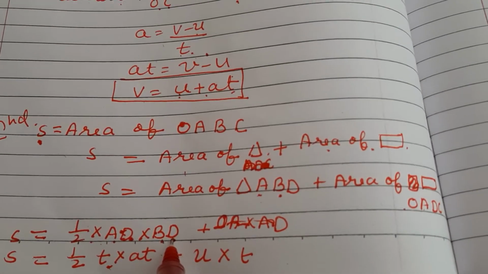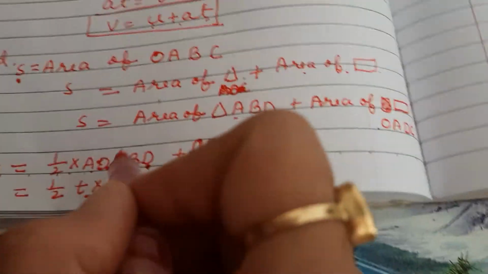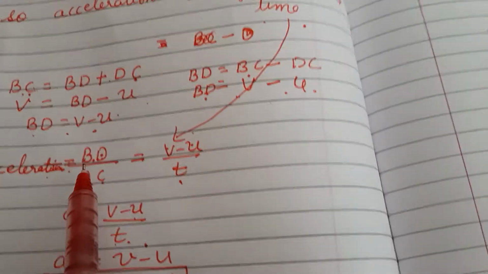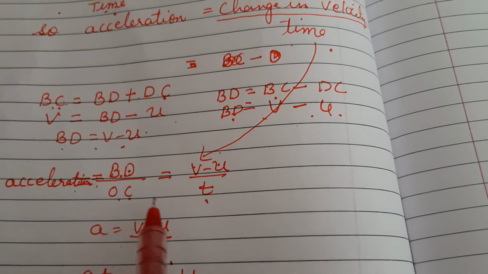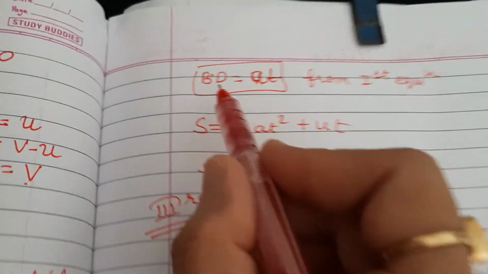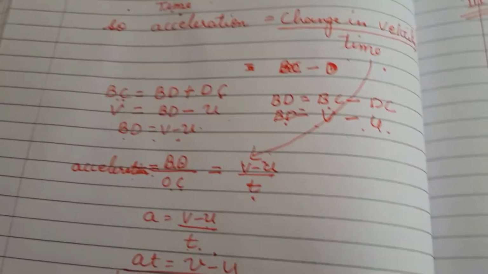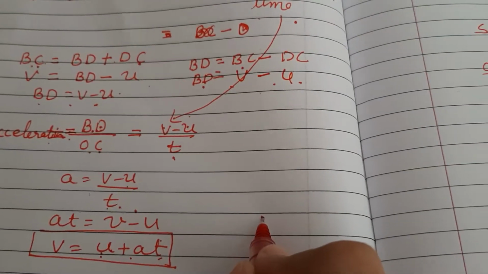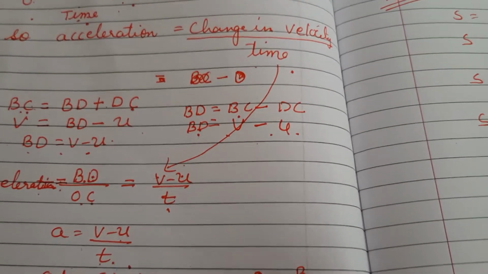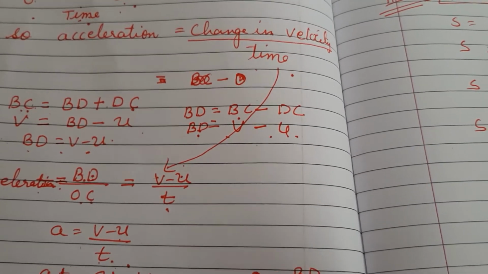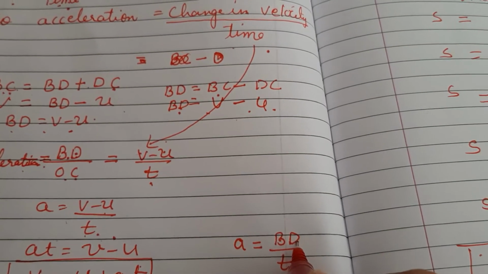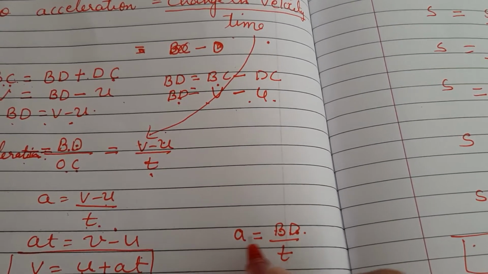Now this BD, from the first equation of motion, is equal to at. How is BD equal to at? Because we found that acceleration is equal to BD upon t, where BD was the change in velocity. So BD is equal to at.